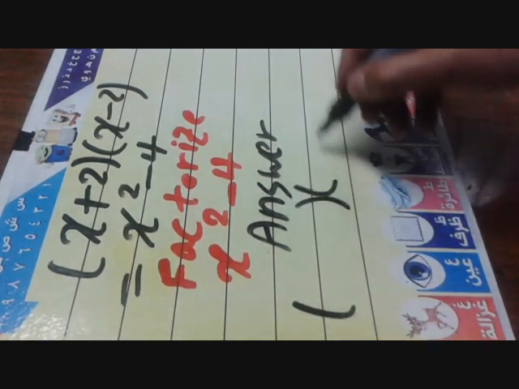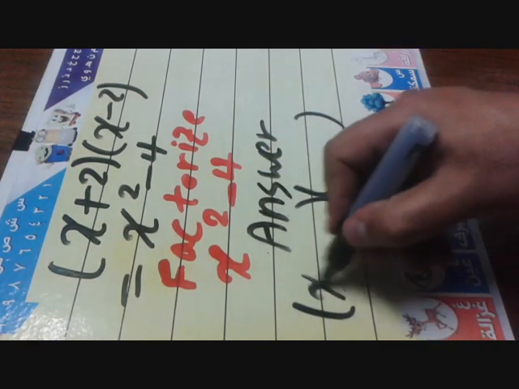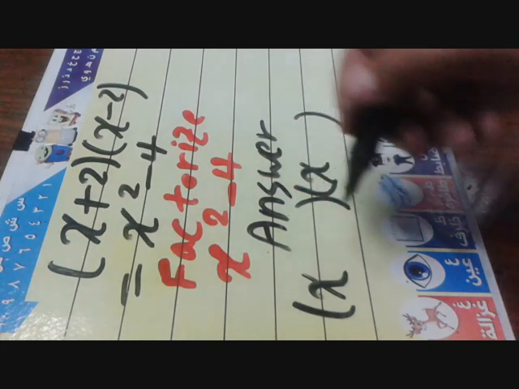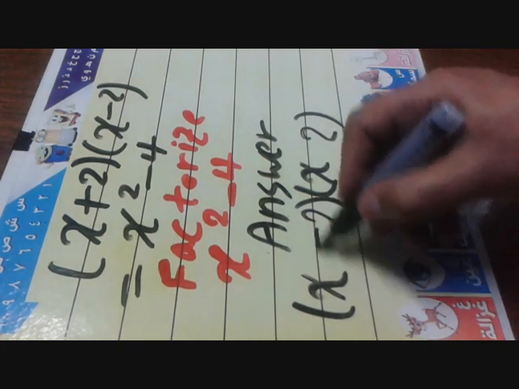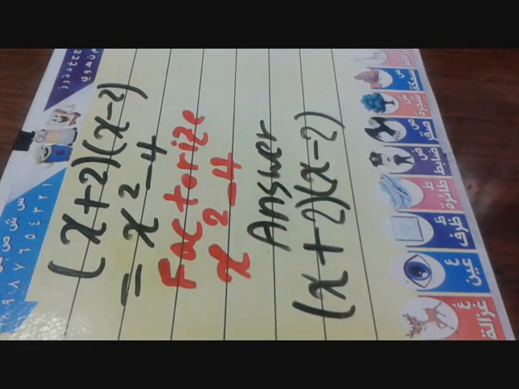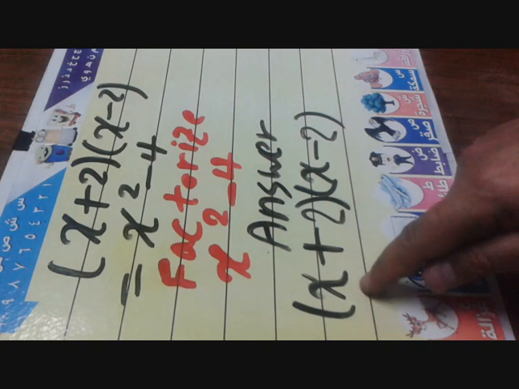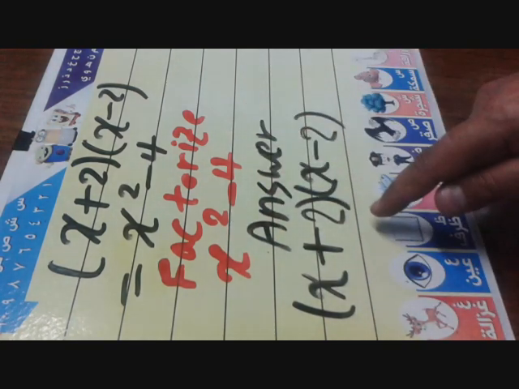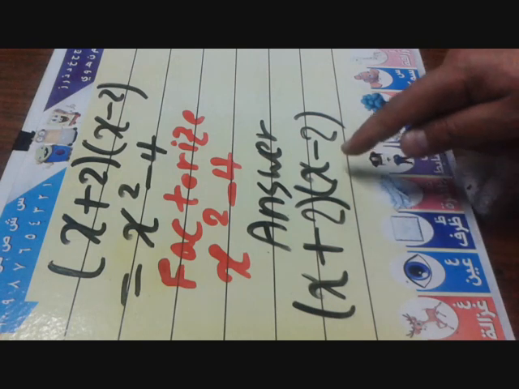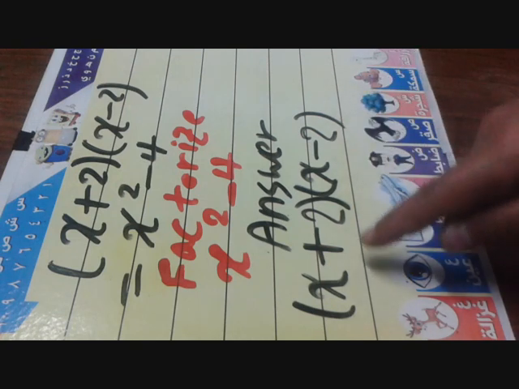The answer: x squared is x times x, 4 equals 2 times 2, positive, negative. The root of x squared is x, the root of 4 is 2, and the signs are positive, negative.